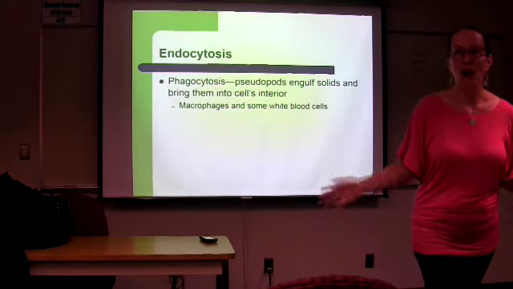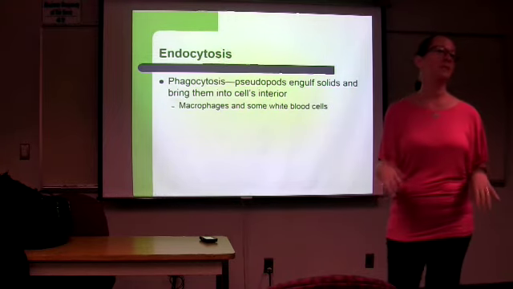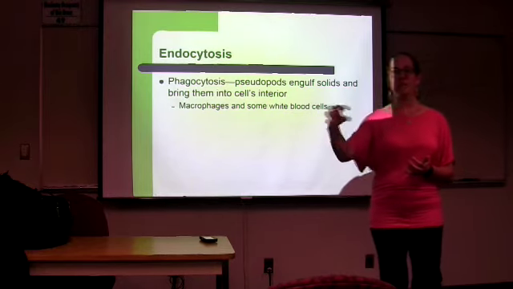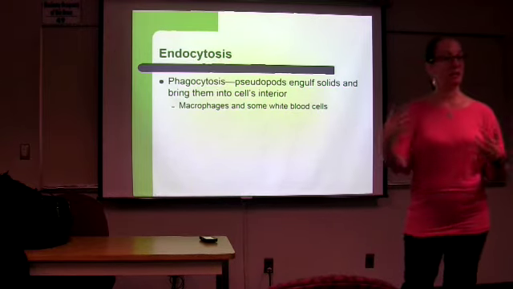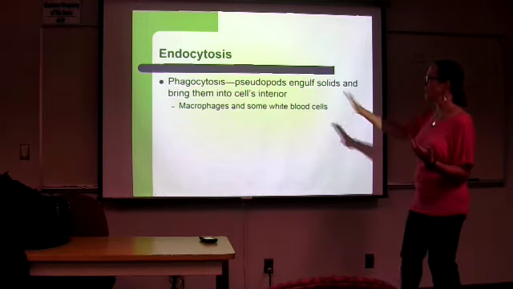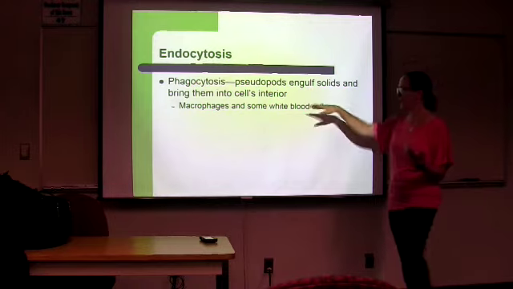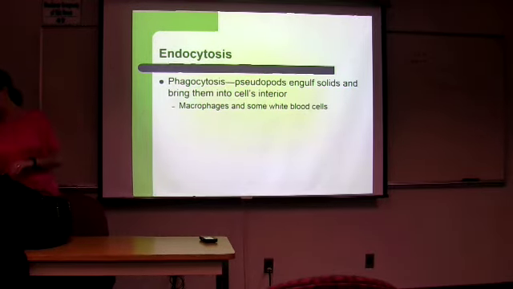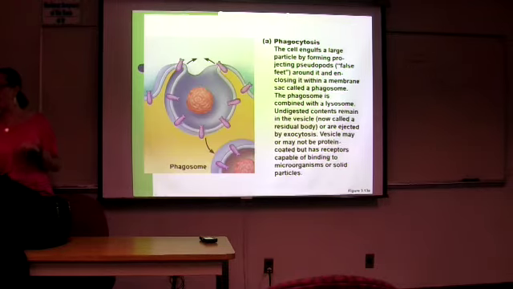Absolutely. We're constantly building things up and breaking them down. So we need cells that will come in and digest those substances and infectious agents to get rid of them. Okay? So phagocytosis is the process, and macrophages are the white blood cells that do that. And it all happens through endocytosis.